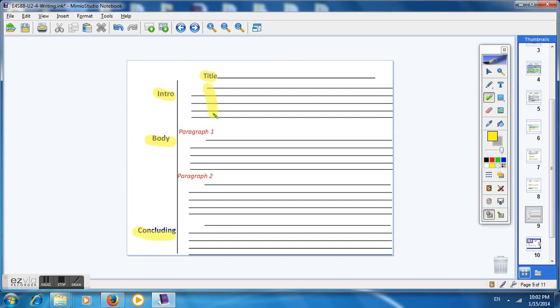For the intro, it's here, the main idea, and then your body paragraph 1 here, including the events and details, and paragraph 2 here. The concluding paragraph is here with your concluding statement, restating the main idea from the intro, and your summary.